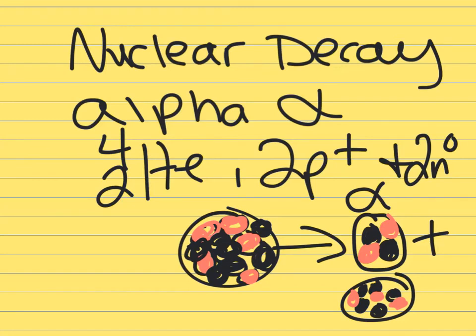Let me now show you what it's going to look like at a written level. Americium-241 is used in smoke alarms, and it's one of the things you could research for your nuclear flip grid. Americium-241 is known to go through alpha decay.